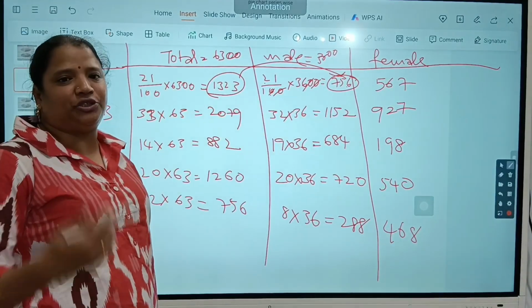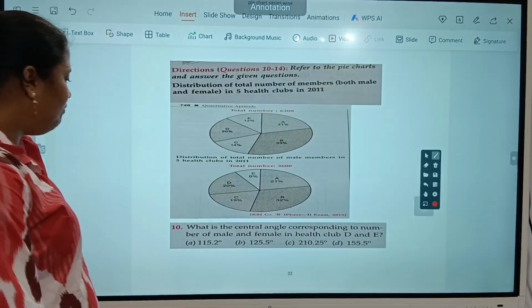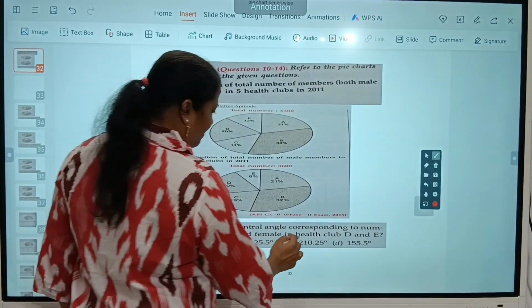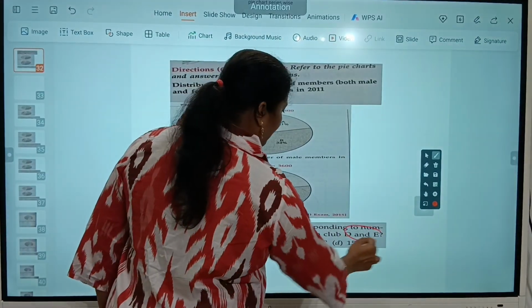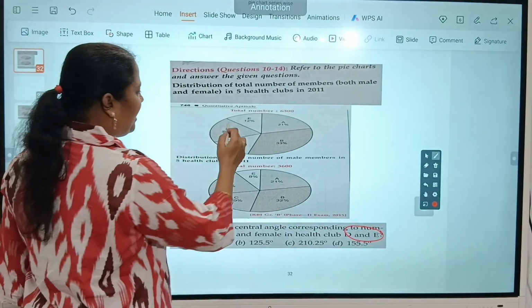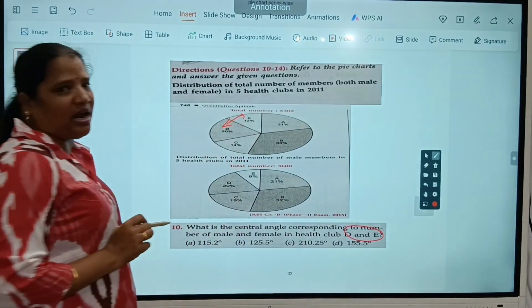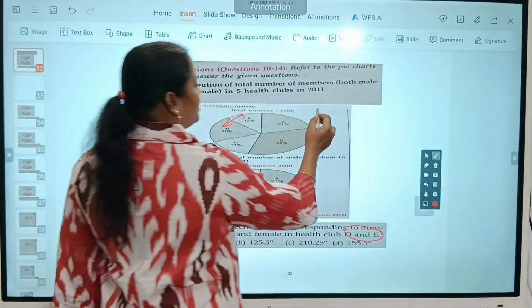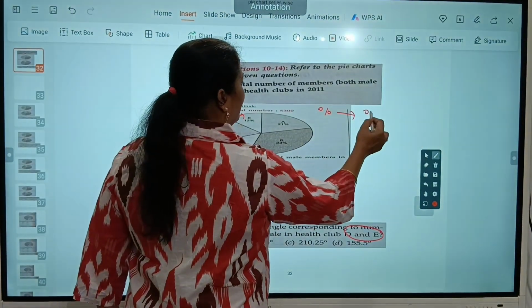Now we will move to first question of this graph. What is the central angle corresponding to number of male and female members in health club D and E? So, the total numbers in D and E, what is the degree they are asking? So, how to convert from percentage to degree?